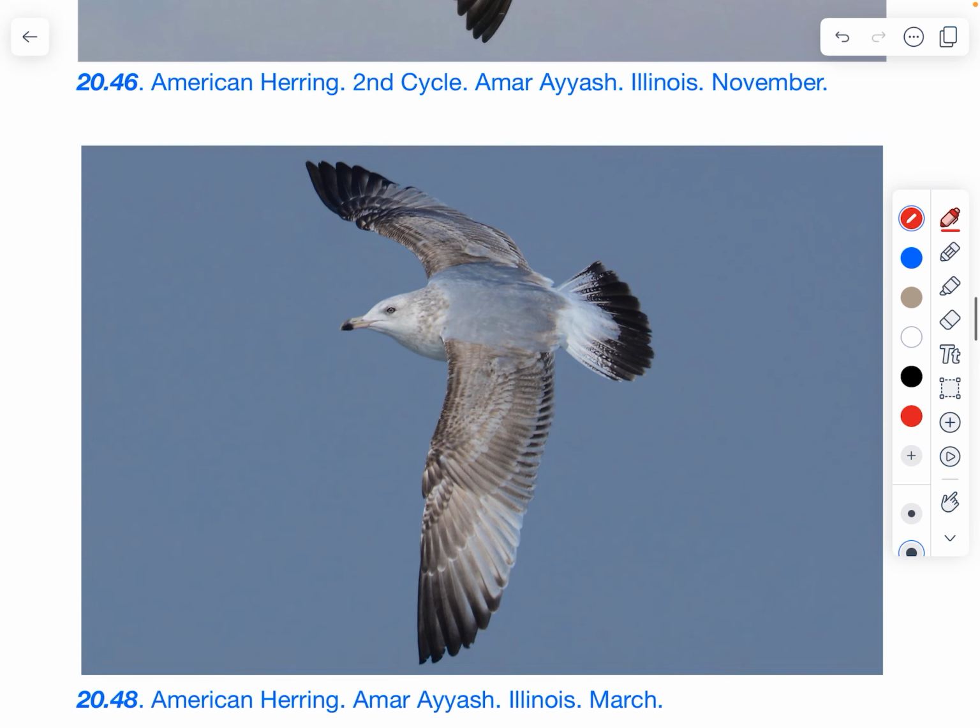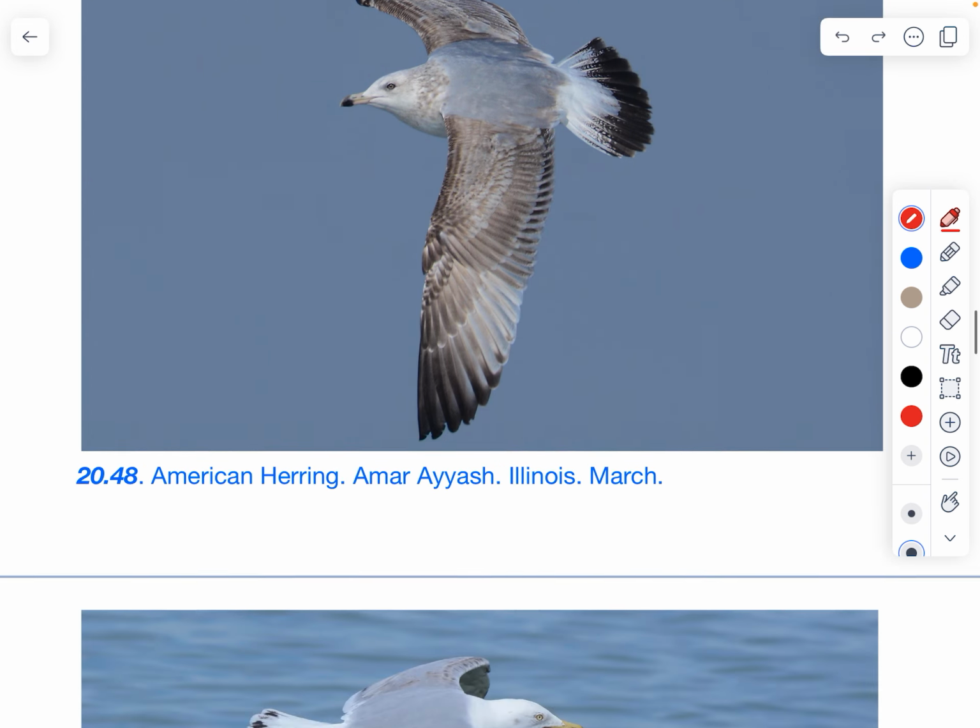And now, with this bird, I'm intentionally leaving out the molt cycle. And if you saw this open wing on American herring gull in March, would you call it a second or third cycle? The key feature to hone in on is the appearance of the trailing edge here on these secondaries and inner primaries. I want you to compare those to this bird here.